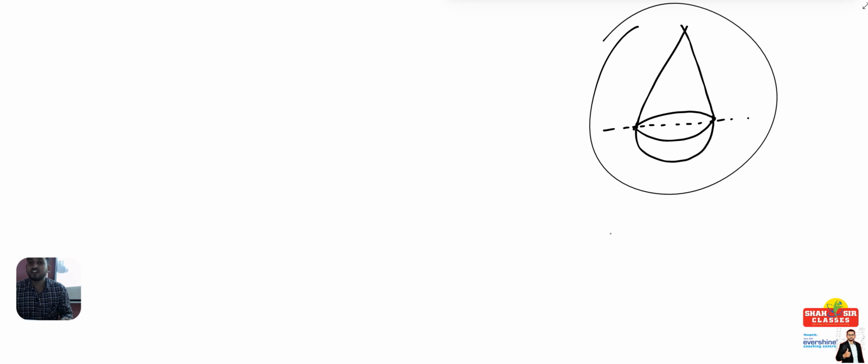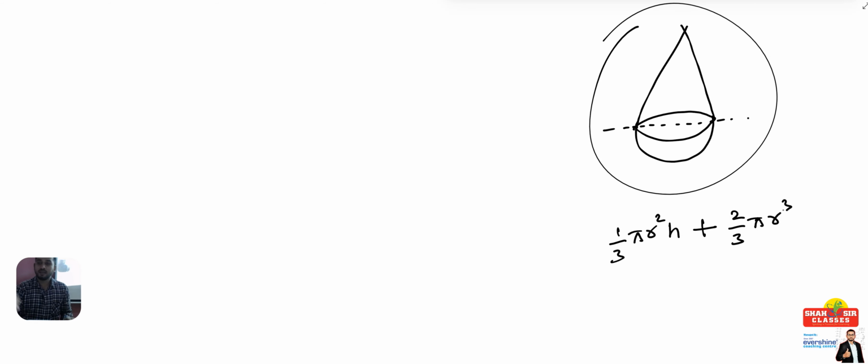What is the formula of a cone? Volume of a cone is 1 by 3 pi r square h. Mounted means added with whom? Hemisphere. What is the formula to find the volume of a hemisphere? 2 by 3 pi r cube.